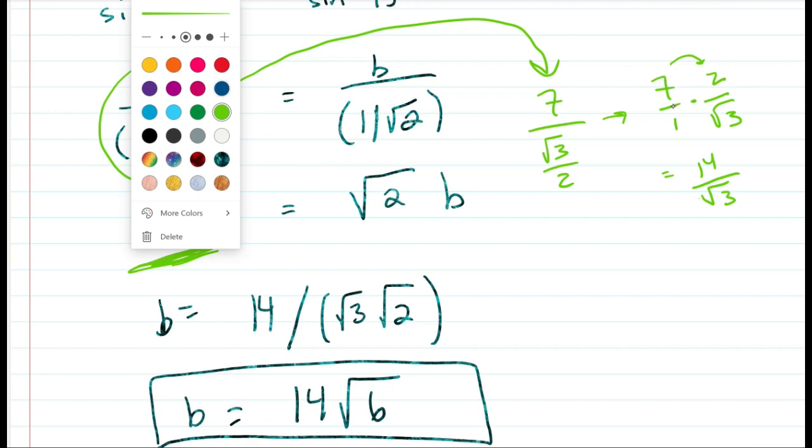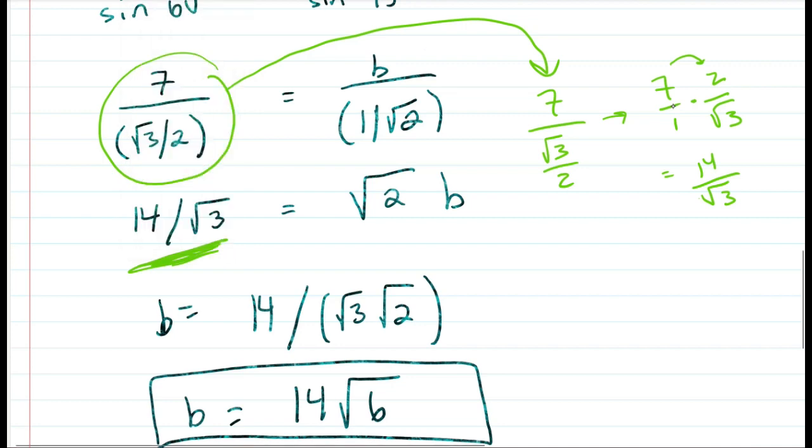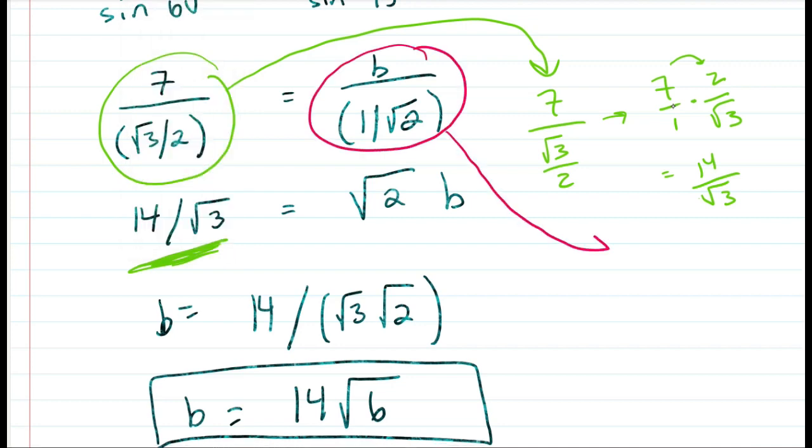I'll show the other side as well. Same type of situation, right? B over 1 over the square root of 2. Well, you can rewrite this as B over 1. B is just B over 1. And when one fraction is divided by another, you change it to multiplication. You do the keep, change, flip.